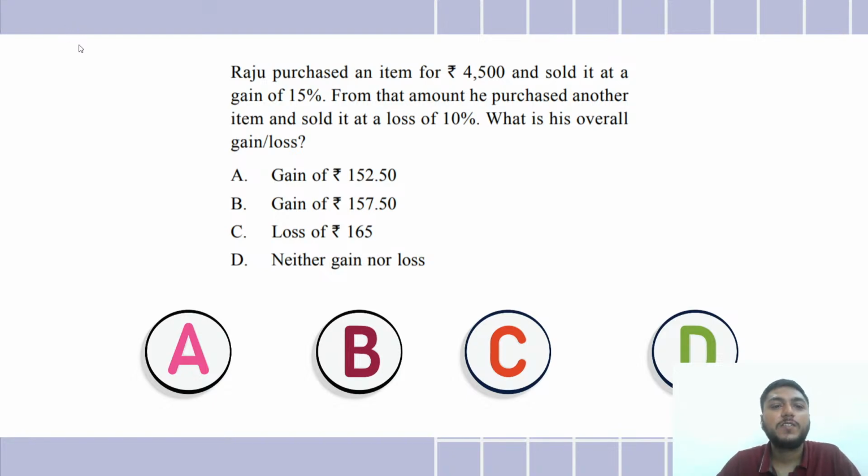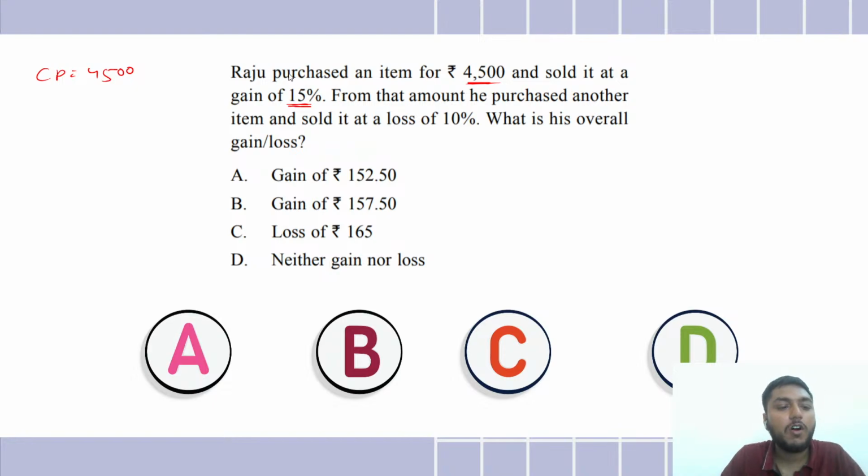So let's move towards the question, how we'll solve it. We don't have the selling price. We have the cost price, that is 4,500 rupees. And what are we given? We are given a gain of 15%. As I told you in the previous question, let us assume the CP in terms of percentage is 100% of itself.